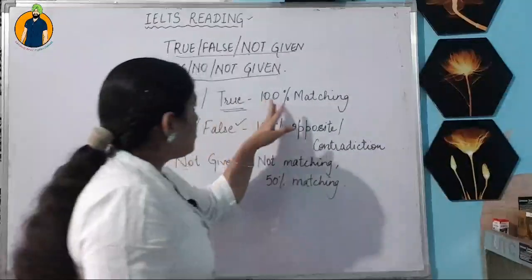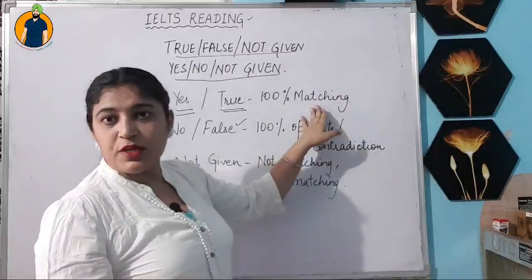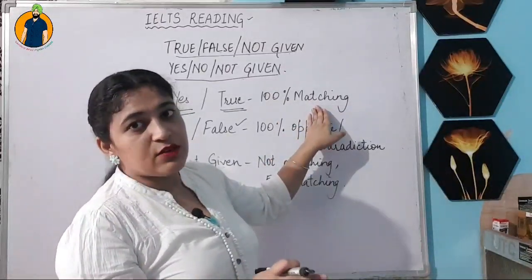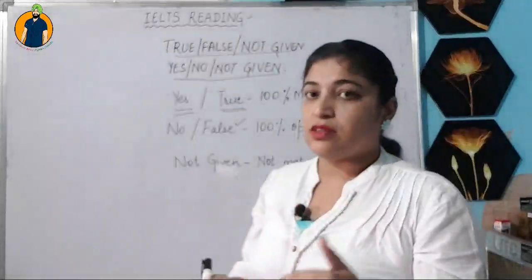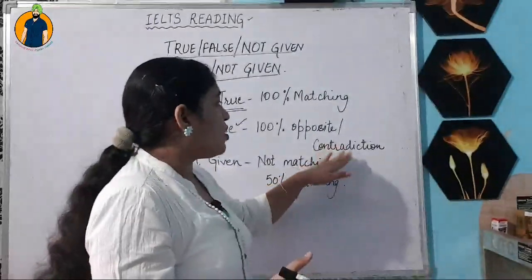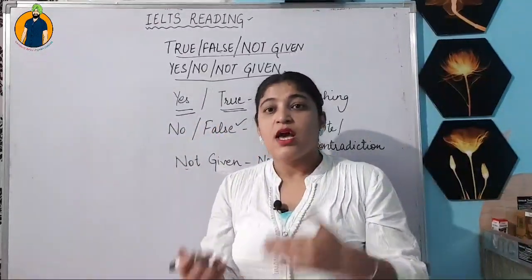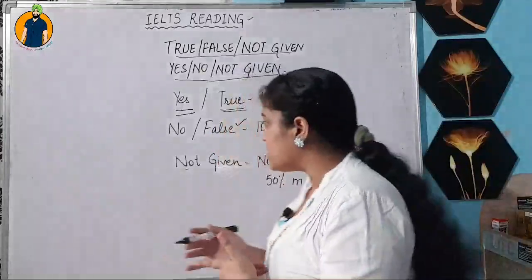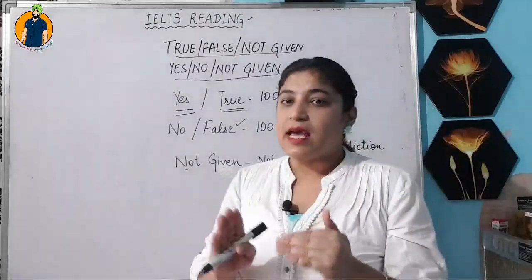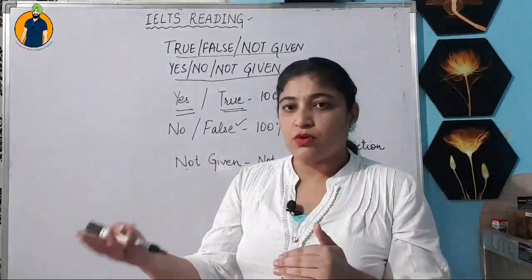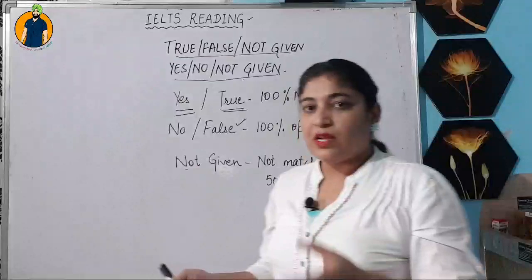Okay students, when the information given in the question 100% matches the information given in the passage, your answer will be true or yes. And if the information given in the question totally contradicts or is 100% opposite to the information given in the passage, your answer will surely be false or no. And the third option is if you don't find the keywords given in the question in your passage, then your answer will be not given.